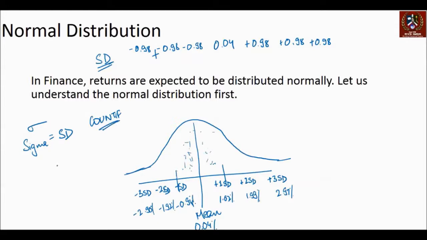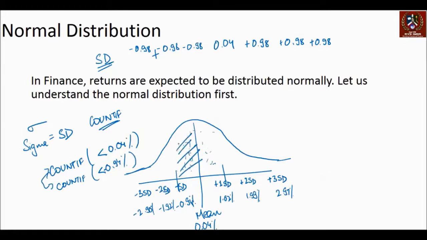So I can find out count if the return is less than 0.04%, and then count if the return is less than minus 0.94%. And then I can find the difference between these two. That will give me this data, right? We can get this data.